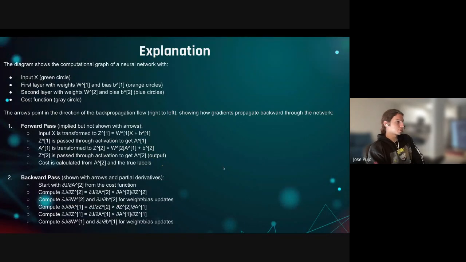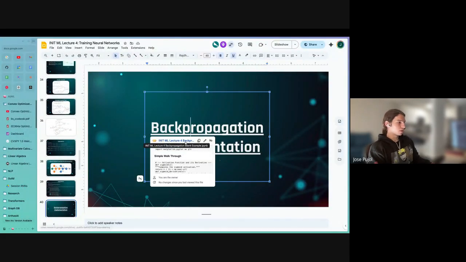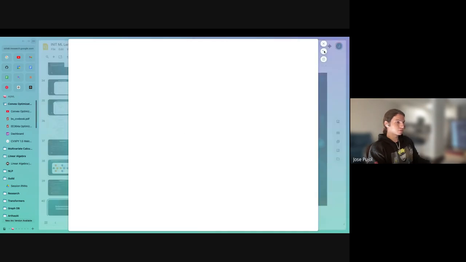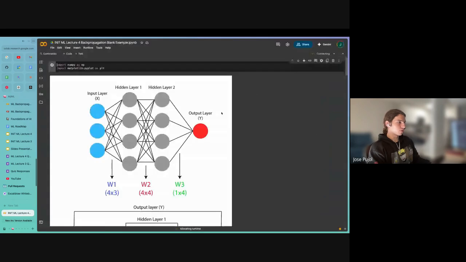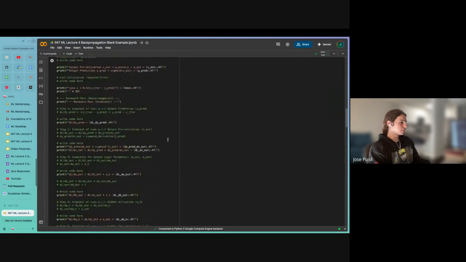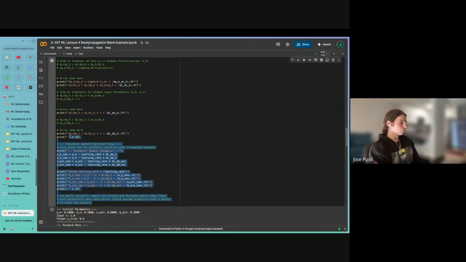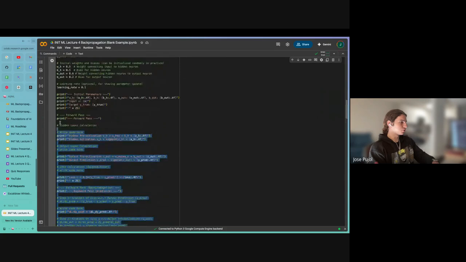So I provided a little explanation here, and I also have a backpropagation implementation that I want to go over with y'all, but I might just leave this here, because I know we've been running for a while. What I highly recommend is that you go in here and try to implement this yourselves.